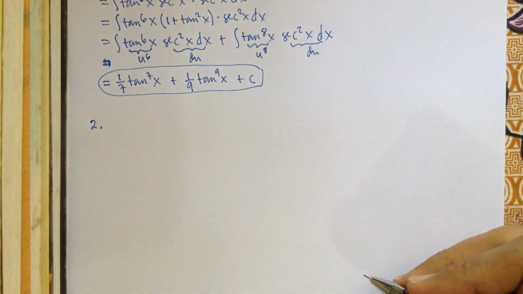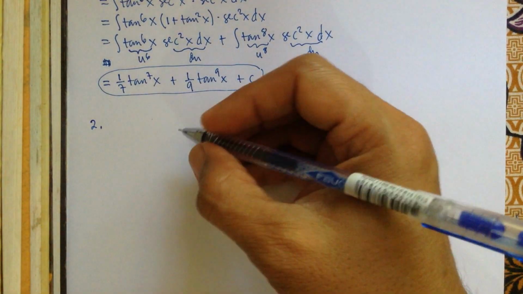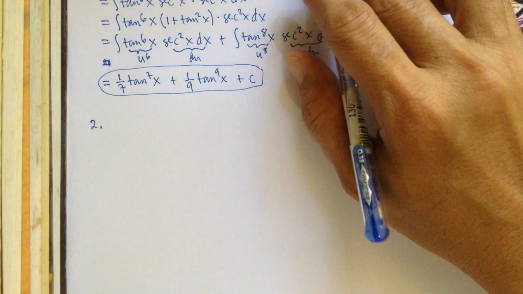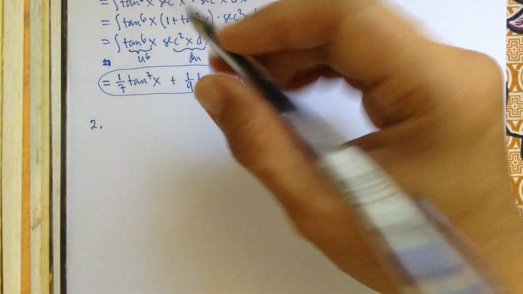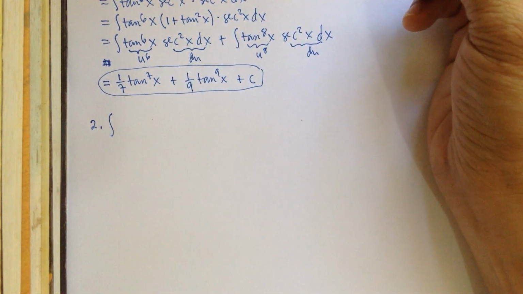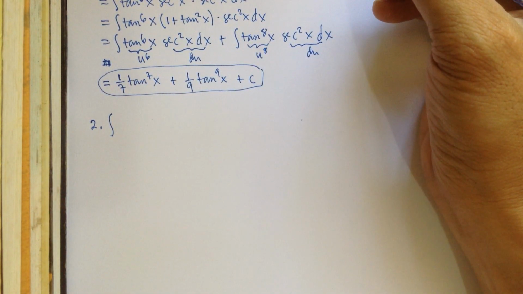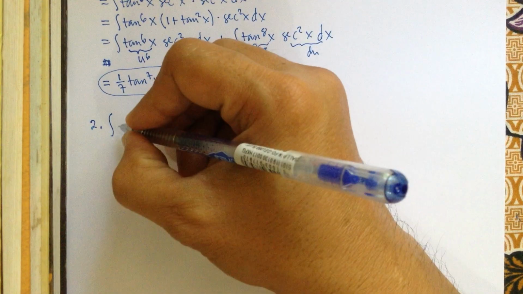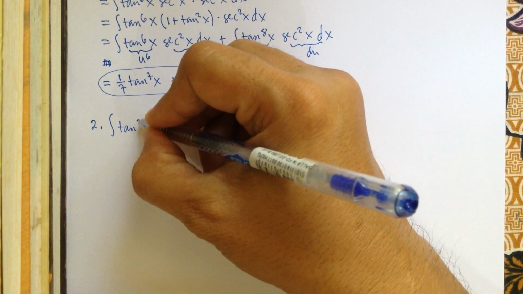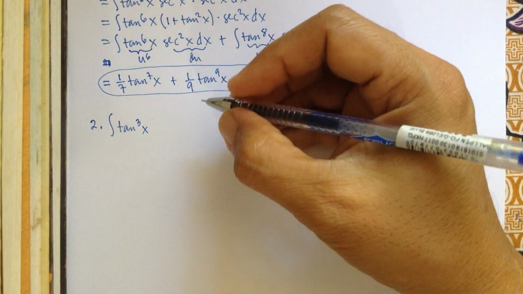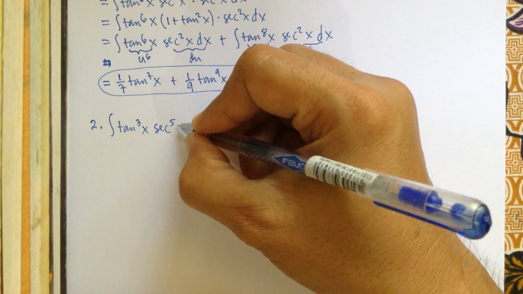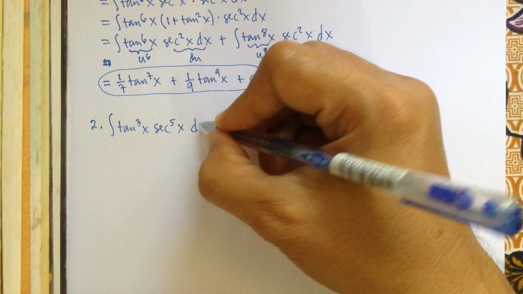This time, we're going to consider the case where the exponent of tangent is an odd number. Let's see. Maybe we can use the expression integral of tangent cube x secant to the 5th x dx.